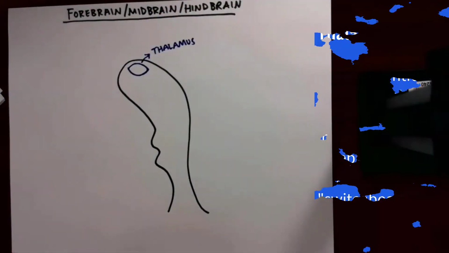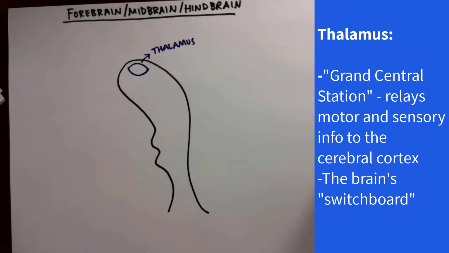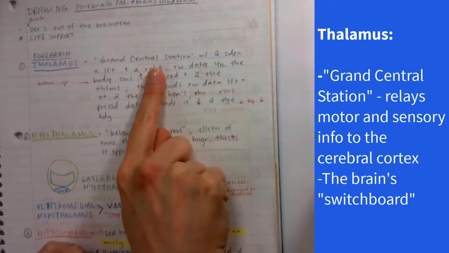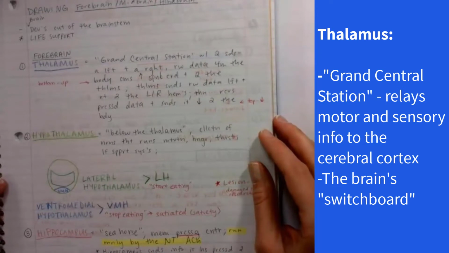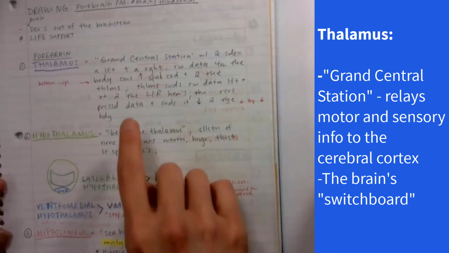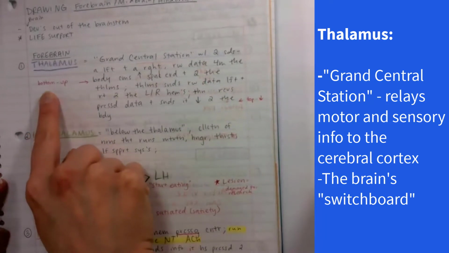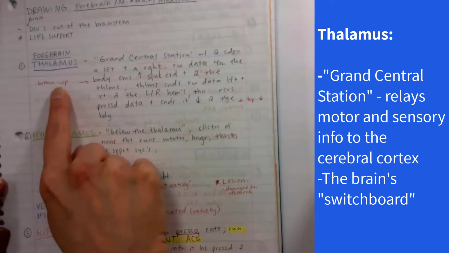Alright, so the thalamus, and in your notes, you're going to write this down. Okay, the thalamus is Grand Central Station, right? That means that there are two sides to the thalamus, a left and a right, and raw data from the body comes up the spinal cord through bottom-up processing.